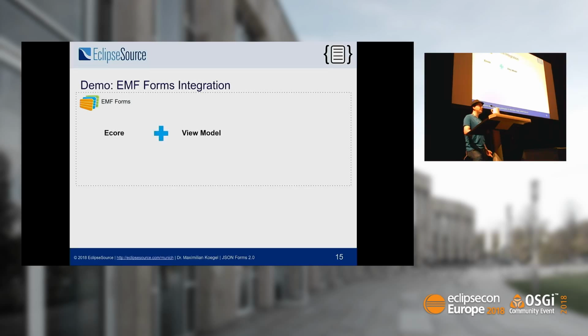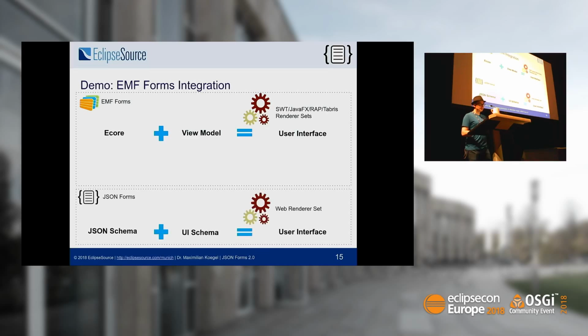You take an eCore, which is the equivalent to a JSON schema, a view model, which is the equivalent to a UI schema, and it will generate your user interface, for example, in SWT. There's some other flavors there as well for JavaFX, for example. And the integration that we have will just export an eCore to a JSON schema, a view model to a UI schema, and by that you can convert your desktop-based forms into web-based forms.